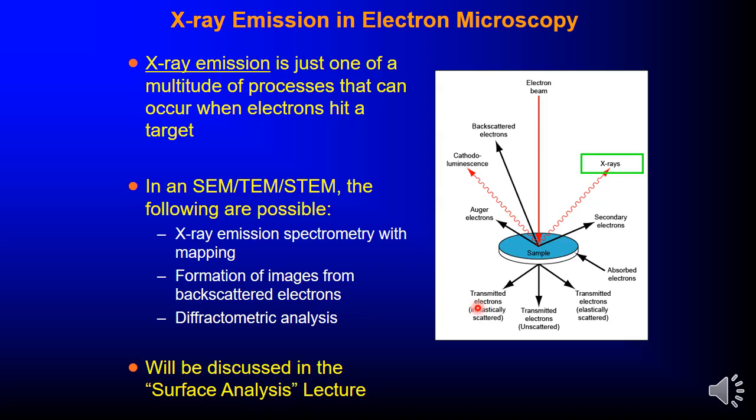So you can see there. Then in scanning electron microscopy or transmission electron microscopy, the following are possible: X-ray emission spectroscopy, spectrometry with mapping, formation of images from backscattered electrons, and diffractometric analysis.